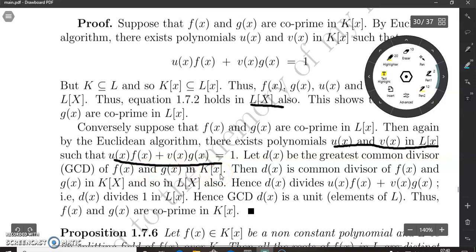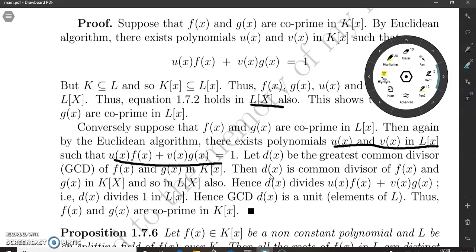Since d(x) is the greatest common divisor, it will be a common divisor of f(x) and g(x). And since d(x) belongs to K[x] and K[x] is a subset of L[x], therefore d(x) is a common divisor of f(x) and g(x) in L[x].